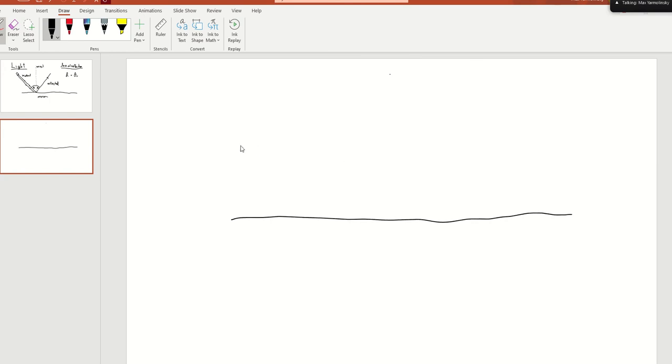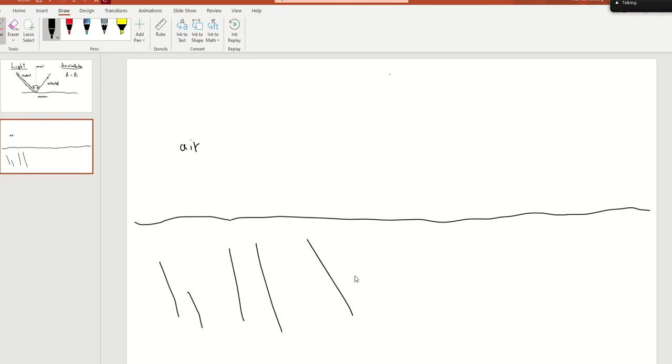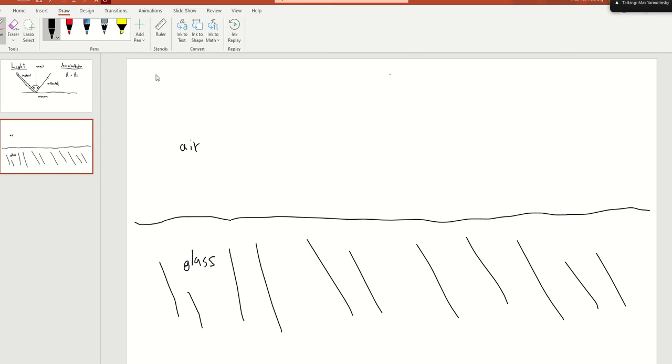Okay, so let's say this is air here, and there's a piece of glass over here, and this area is all made of glass. Okay? This is glass.